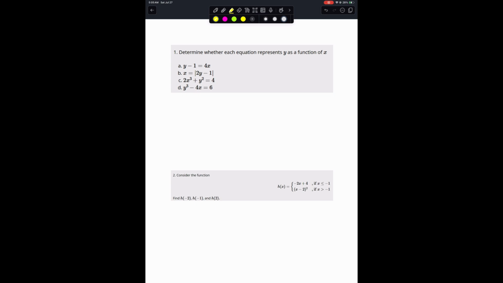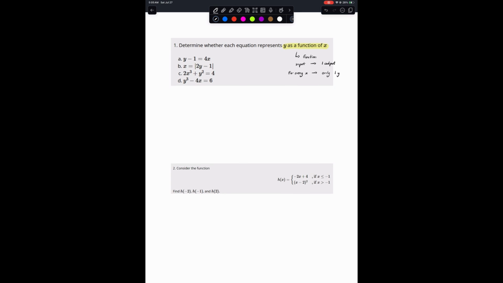Okay, so we have to determine if each equation represents y as a function of x. Remember that for this definition of a function, every input has exactly one output. So for every x, there is only one y, exactly one y value, right?